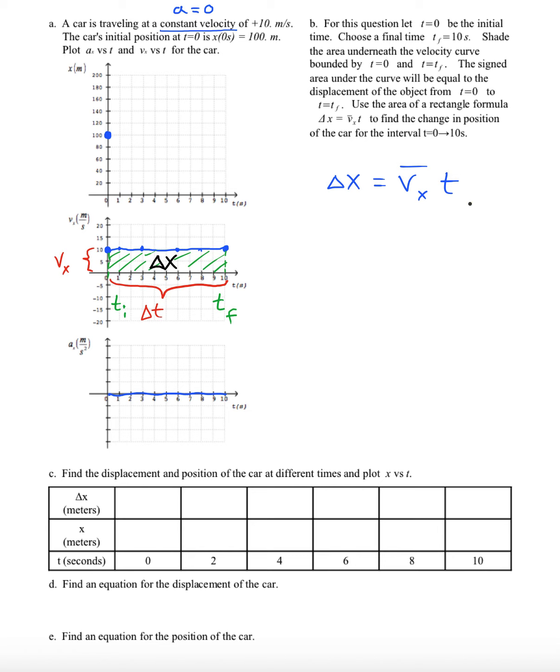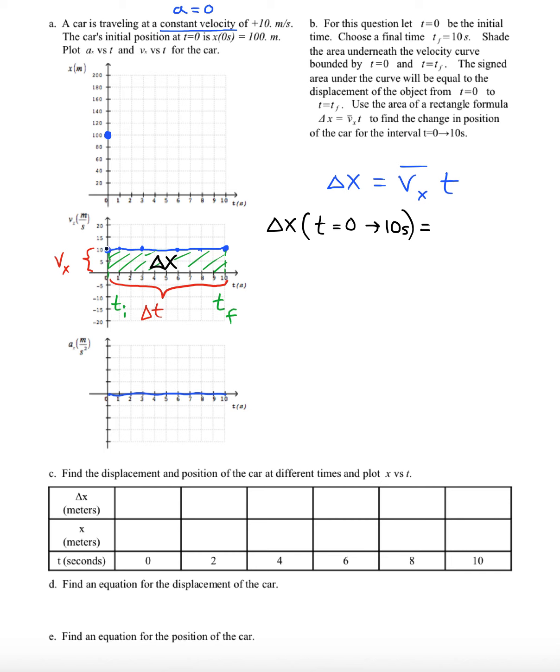So in order to be really specific when we write it, we want to say delta x, displacement, and then we further want to say what the time interval is. So we're going to go from t equals 0 to 10. And the units are seconds. And how do we find this?